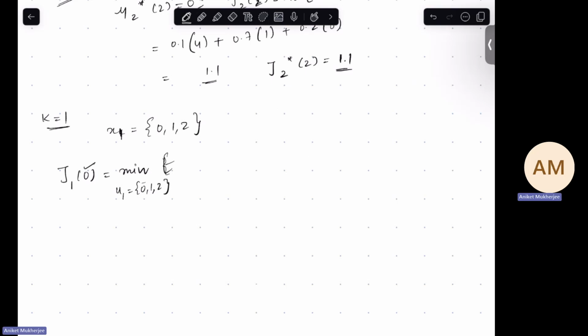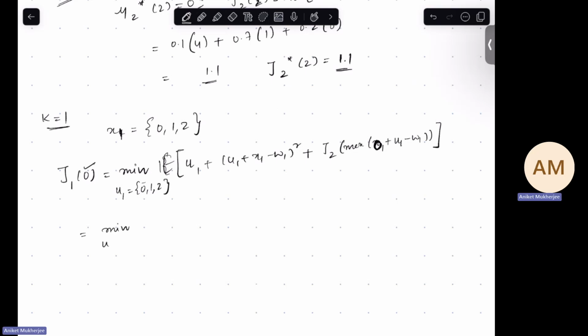And we want to minimize expectation of u1 plus x1 minus w1 whole square plus J2, where x2 is written as max of x1 plus u1 minus w1. Now x1 is 0, so this is max of u1 minus w1.